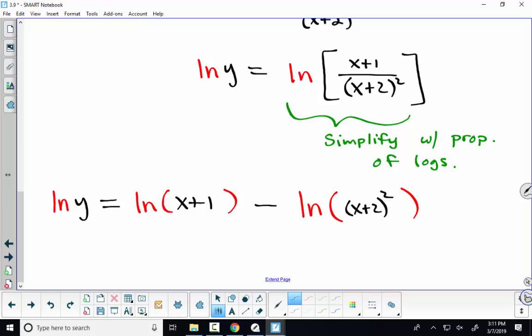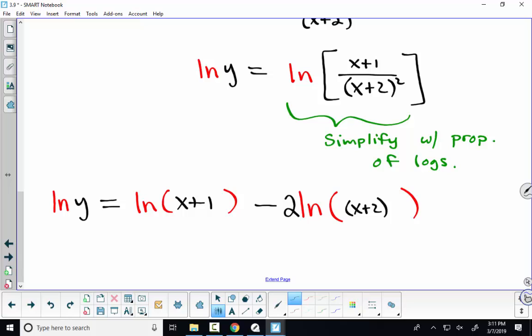That's one property of logarithms. I don't have a property for the sum of things, so the ln of x plus 1 is going to have to stay as is. But what can I do to this last term here? Move the 2 out front, because I have the log of something that's raised to a power. So that power, the square, can come out front and multiply this.